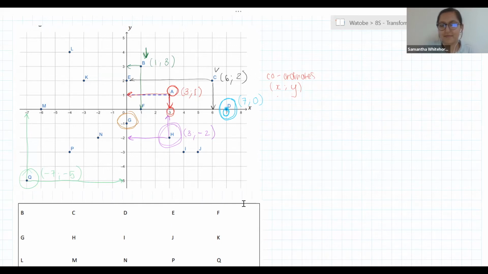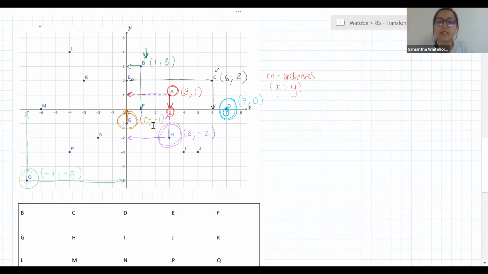G, -1. Mm-hmm. Is the -1 for the X or for the Y? For the Y. Good. So what is X if we read up to the X? 0. Good, well done. So guys, G is at 0, -1.